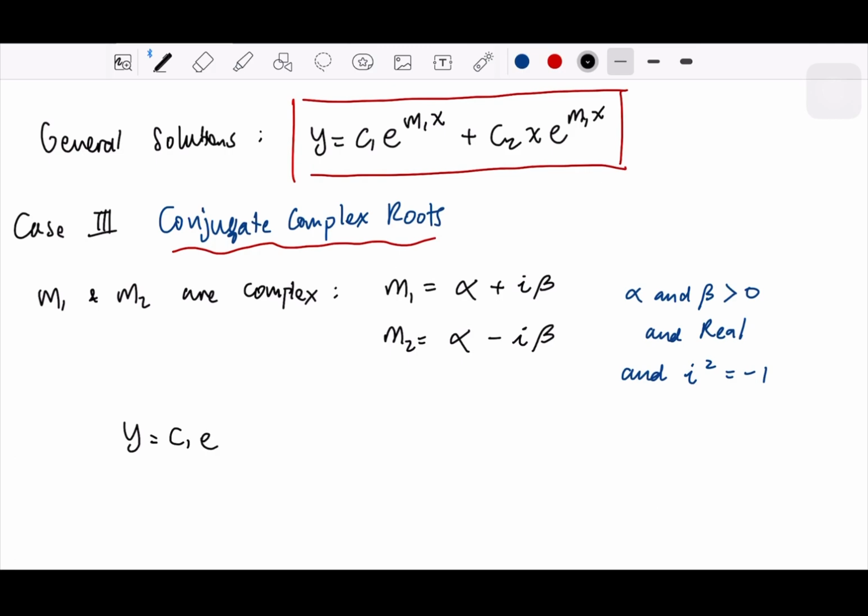So y equals C1 e to the (alpha plus imaginary number beta)x, plus C2 e to the (alpha minus imaginary number beta)x. However, this form is not really practical. We are going to elaborate this power with the Euler formula.